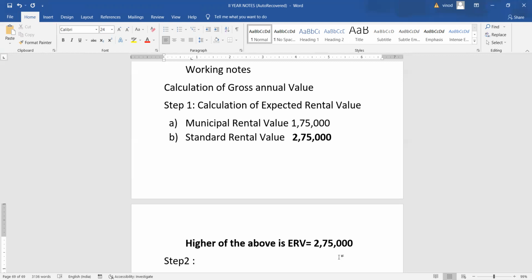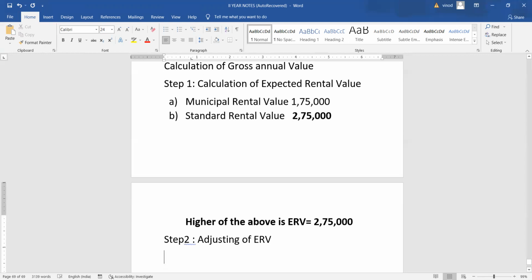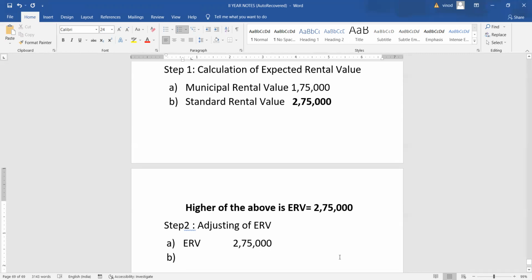Now, second step. In the second step, adjusting of ERV. ERV, which we calculated in the first step, that is 2,75,000. Then standard rent is 2 lakhs.